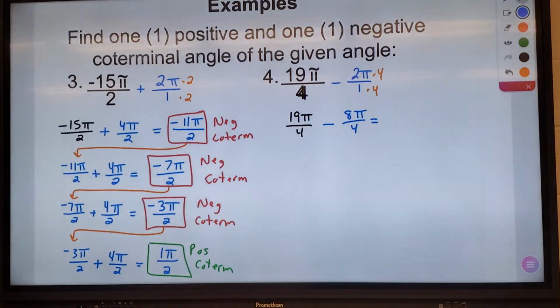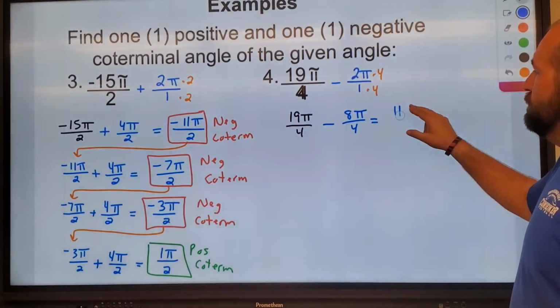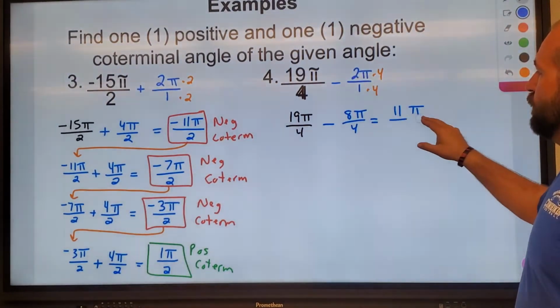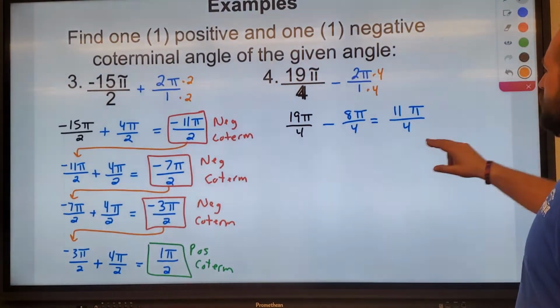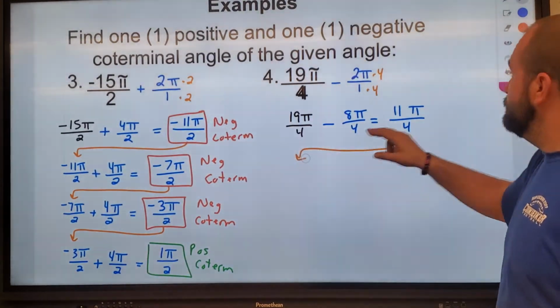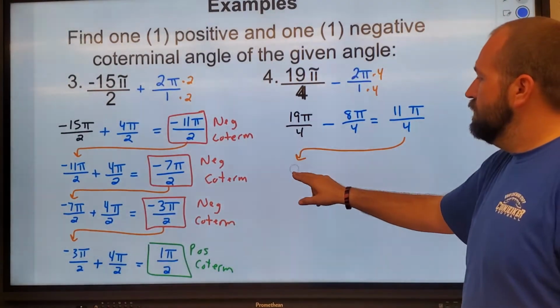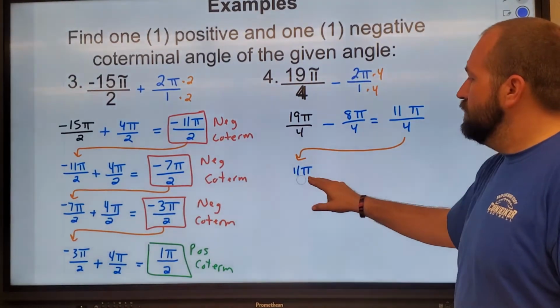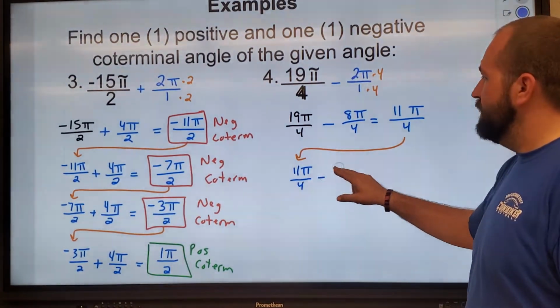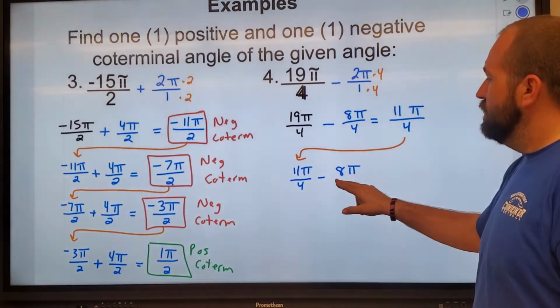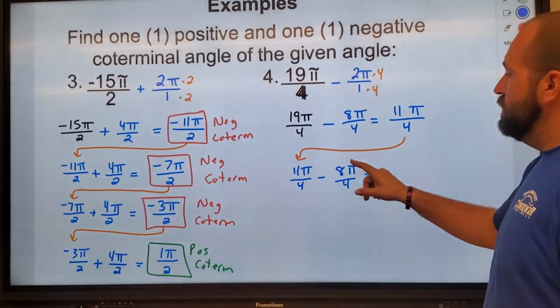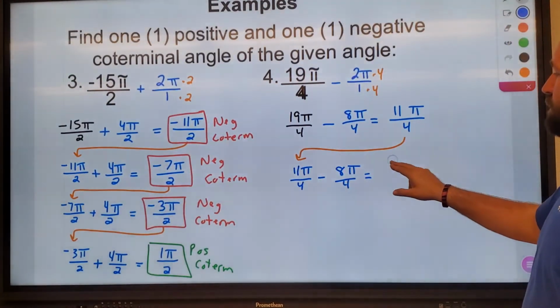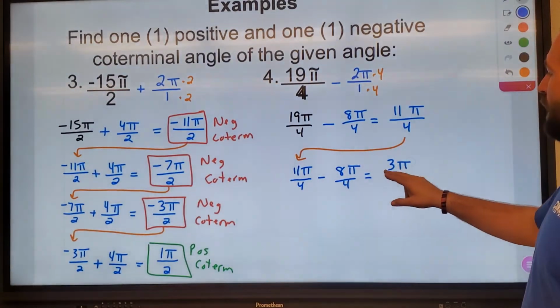Okay, and then I'm just going to continue to repeat that process. So 19 minus 8 is 11 pi over 4. I'm going to then take this and work it down. So 11 pi over 4 minus, again, 8 pi over 4. 11 minus 8 is 3 pi over 4.